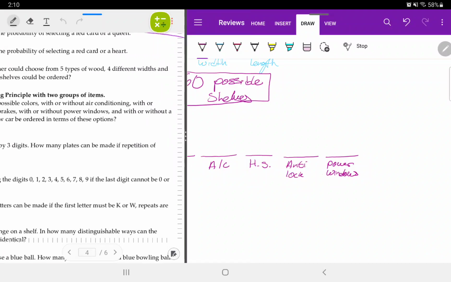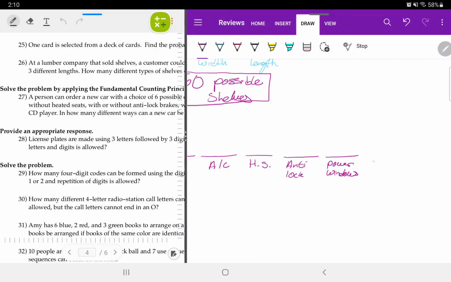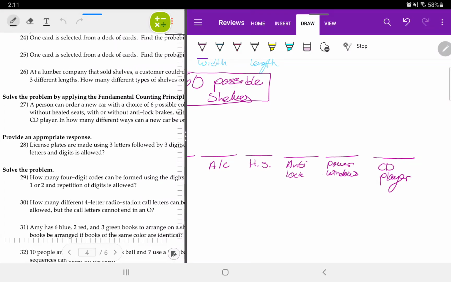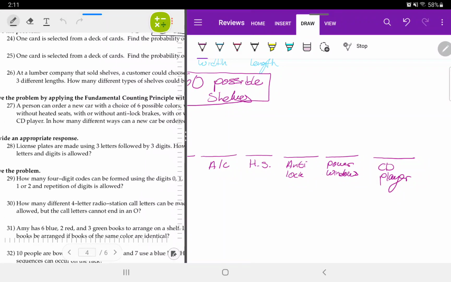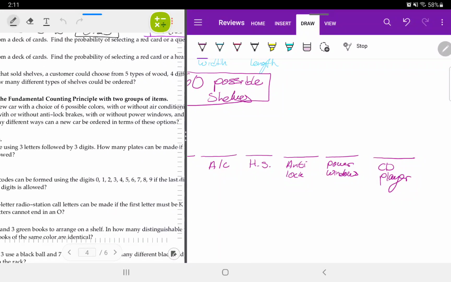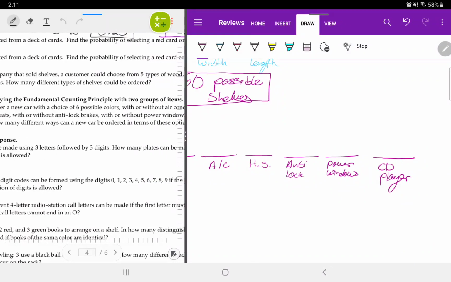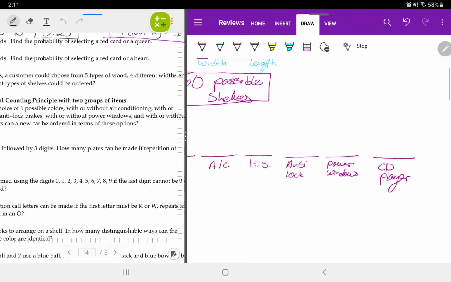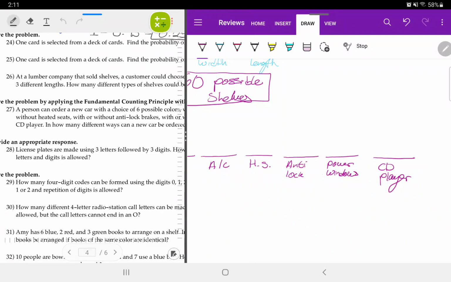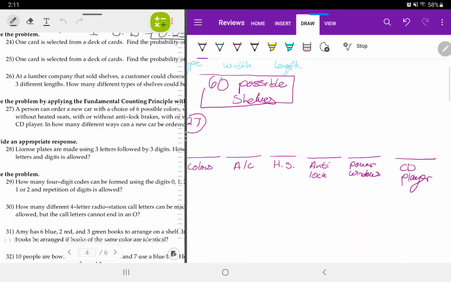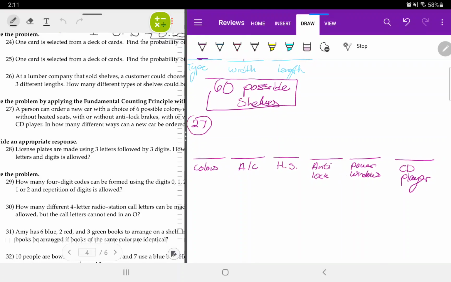And we have CD player. Let me double check everything to make sure that I'm good. Possible colors, air conditioning, heated seat, anti-lock brakes, power windows, and CD player. I know what power windows are now. It's where you can use the switch to go up or down.